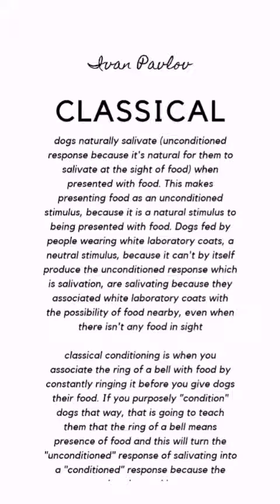So we are now presented with two kinds of stimulus. We have an unconditioned stimulus, which will actually produce the unconditioned response, and a neutral stimulus, which by itself cannot really produce the unconditioned response, but it does in the case of the dogs.